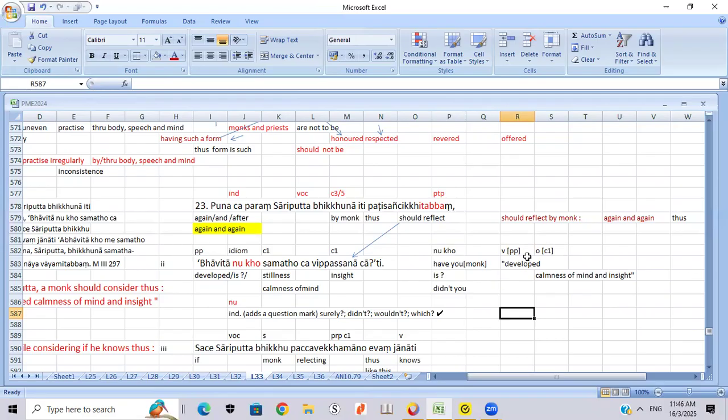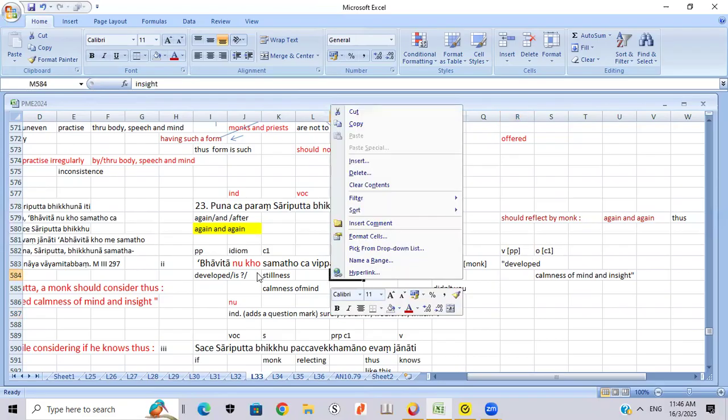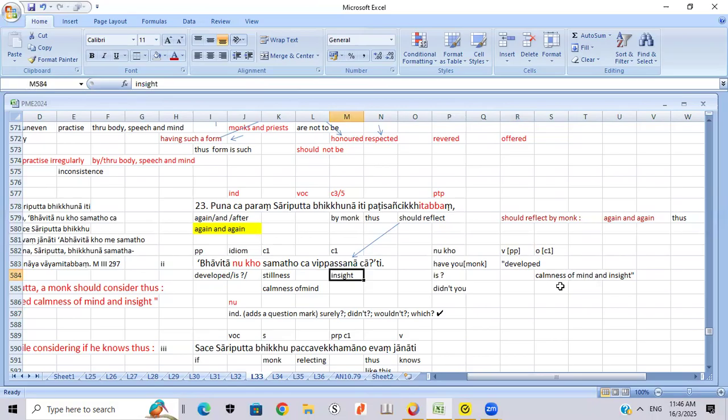In this case, have you developed samato, stillness, or insight. I put calmness of the mind and insight. So this is how you do your translation, as long as you are able to put it according to what you see. The way you arrange your English doesn't matter.